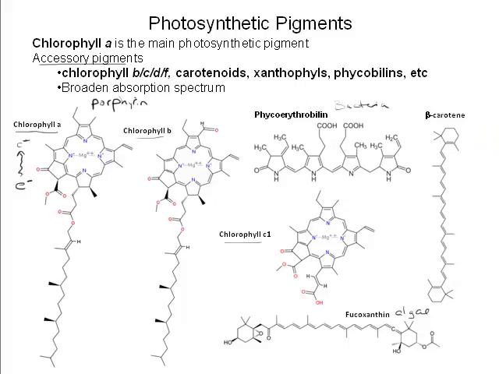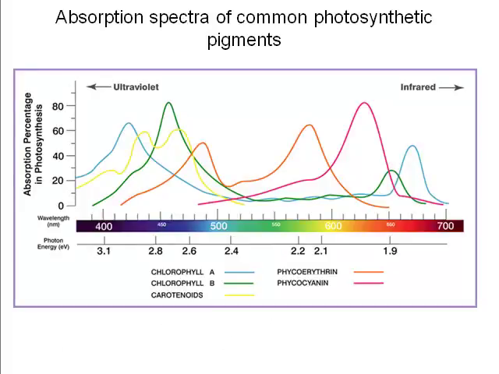The advantage of having more than one type of pigment is that it broadens the wavelengths of light that can be used for photosynthesis. If we compare the absorption spectra of different photosynthetic pigments, in other words, the wavelengths of light that they can interact with and absorb, we see that they are very specific.